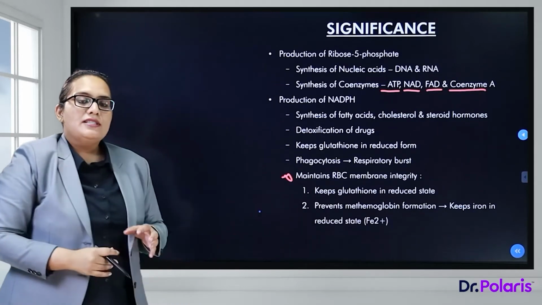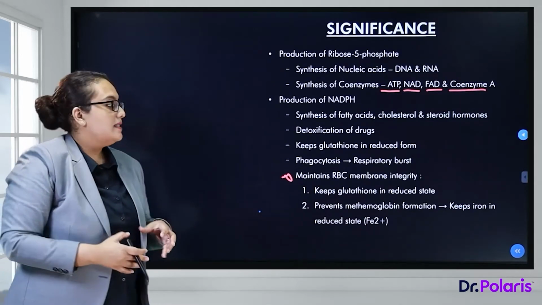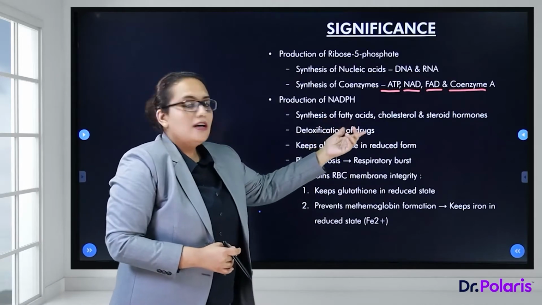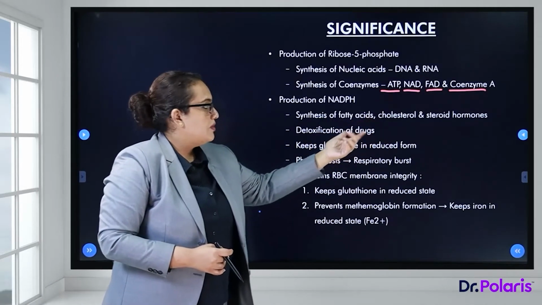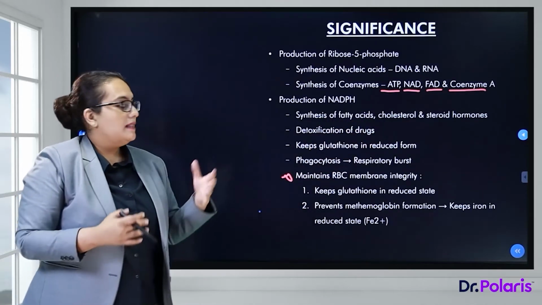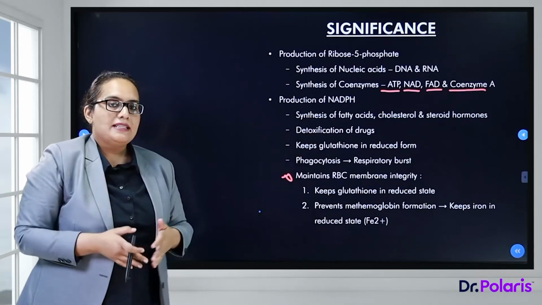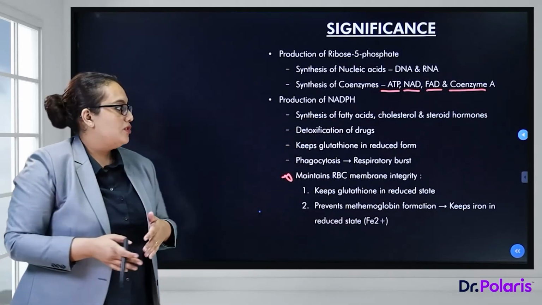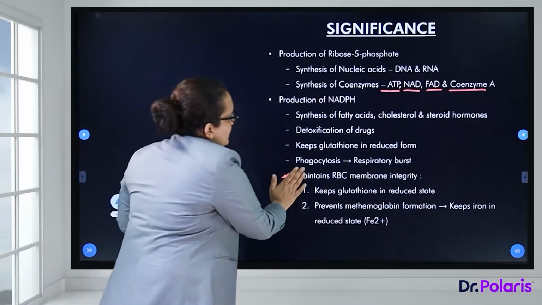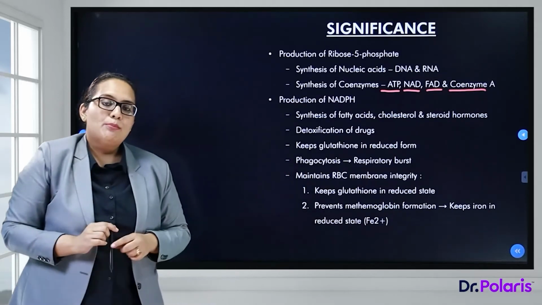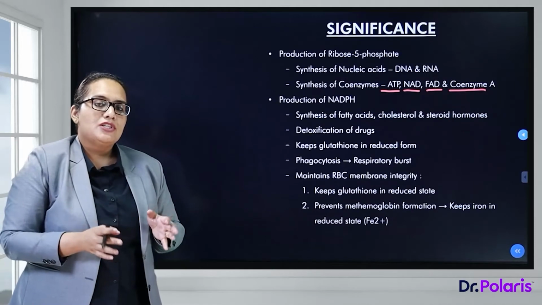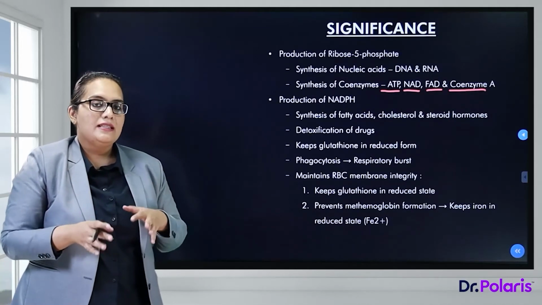NADPH is required in the reductive synthesis, especially of fatty acids, cholesterol and steroid hormones. This occurs mainly in the liver, and fatty acids can also be synthesized in the lactating mammary gland as well as the adipose tissue. The next one is NADPH plays an important role in the detoxification of many drugs, especially in the liver.